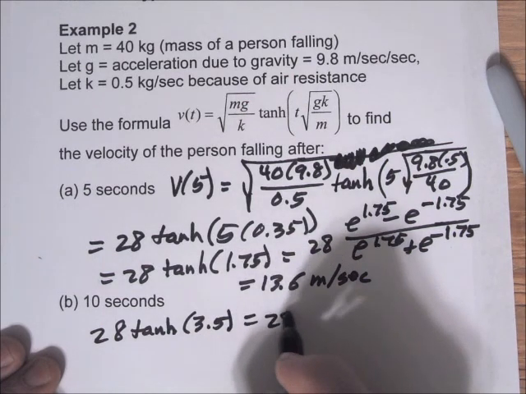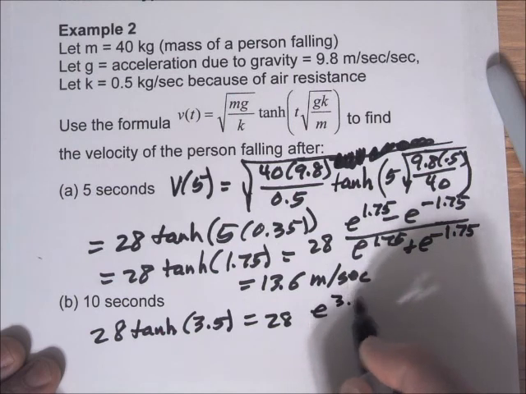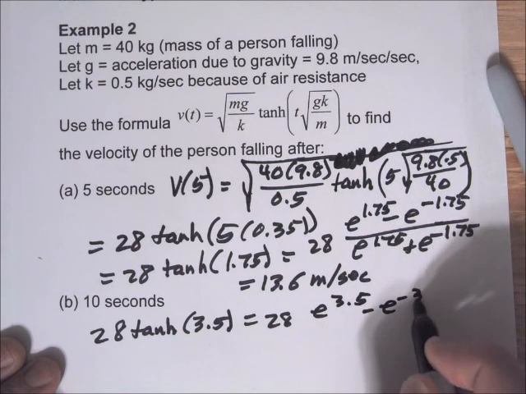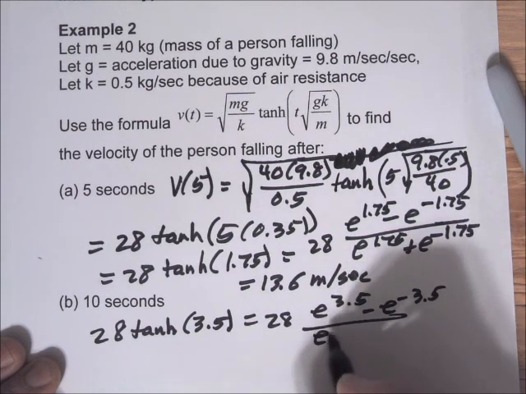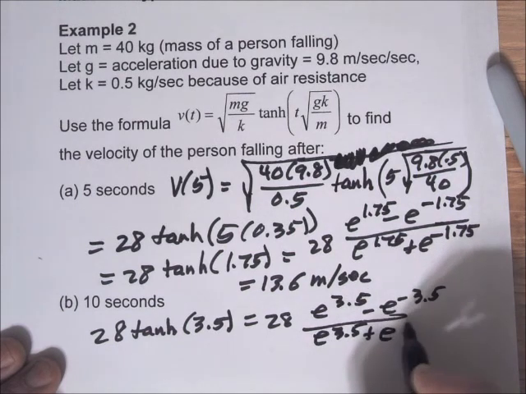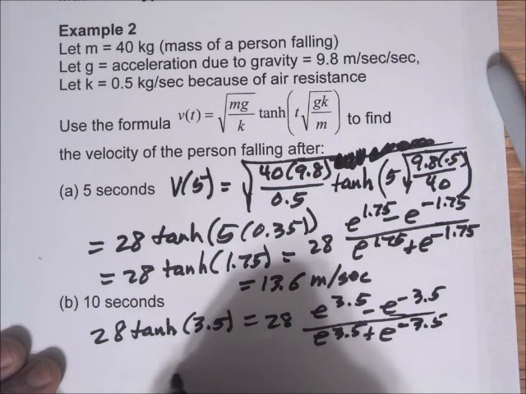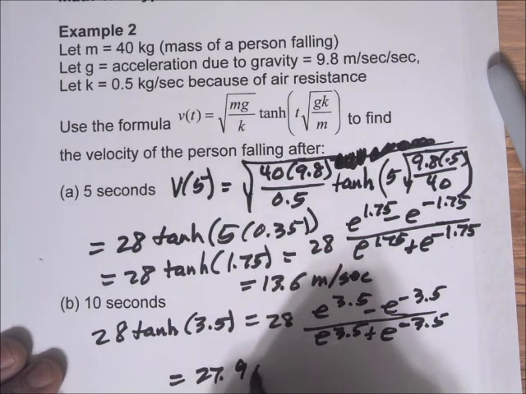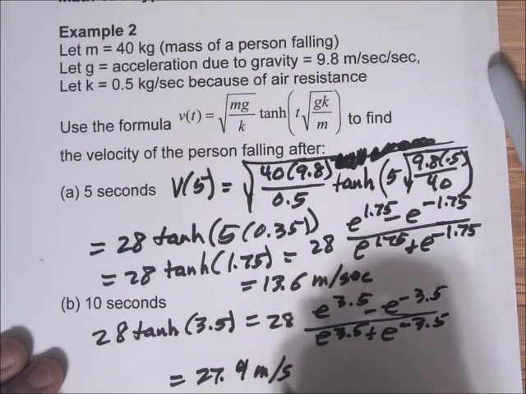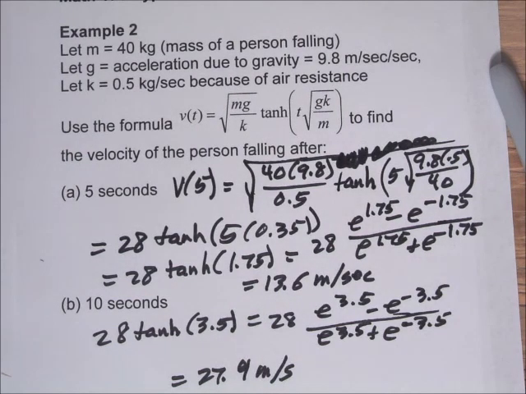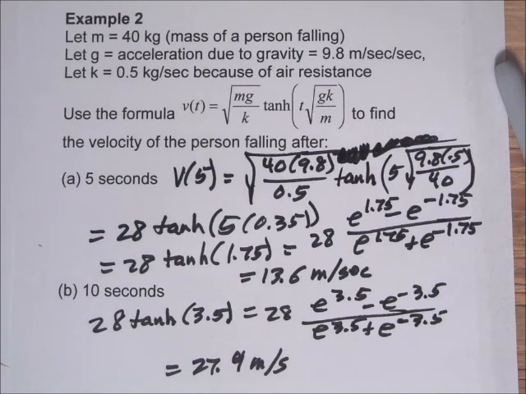That's 28 times e to the 3.5 minus e to the minus 3.5 over e to the 3.5 plus e to the minus 3.5, and that comes out to be 27.9 meters per second. So the velocity has increased from 13 meters per second at the 5-second mark to 27.9 meters per second.